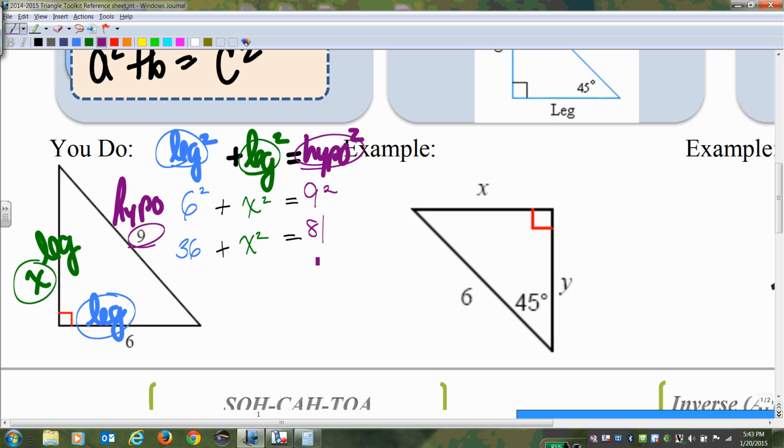Now we're going to minus 36 both sides to get x by itself. We're going to have to borrow. Okay, so we have x squared equals 45.